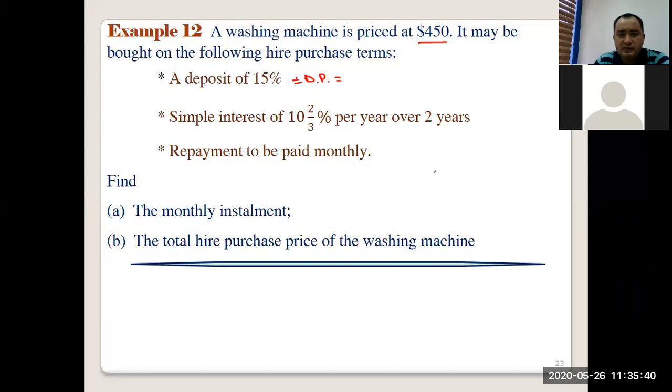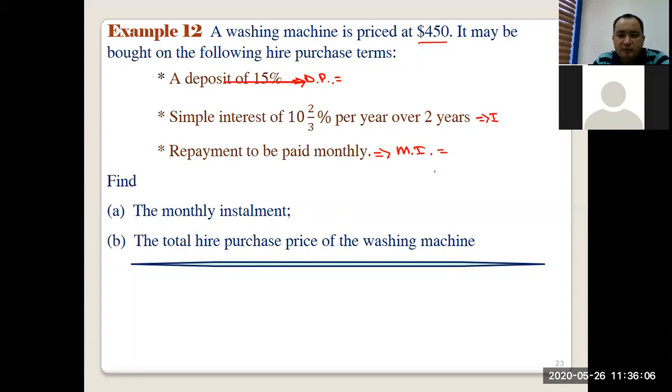I'll calculate this. And simple interest of 10 and 2/3% per year over 2 years, that is interest, right? And repayment to be paid monthly. So from here, we need to find the monthly installment, and the total hire purchase price of the washing machine.